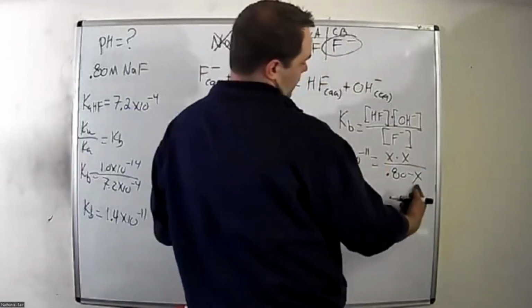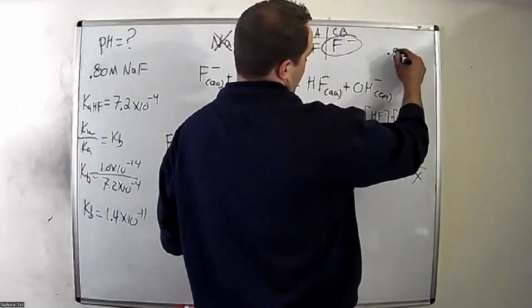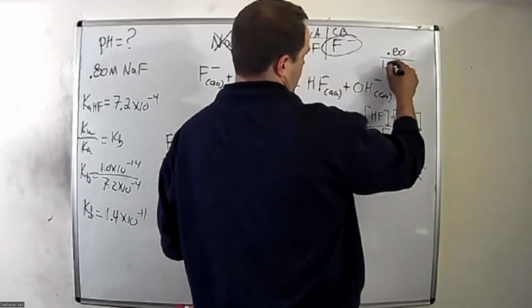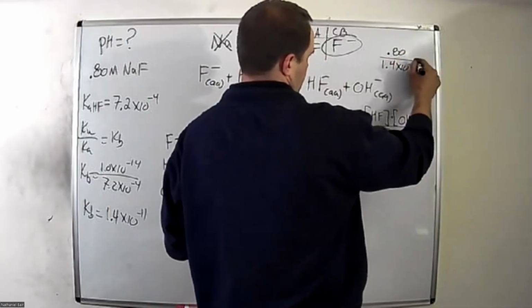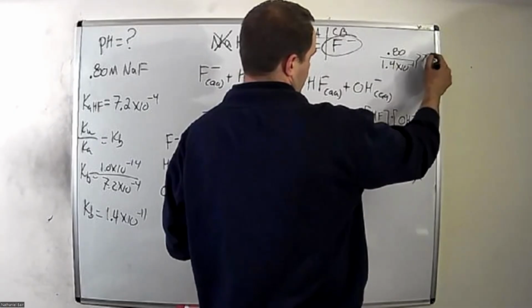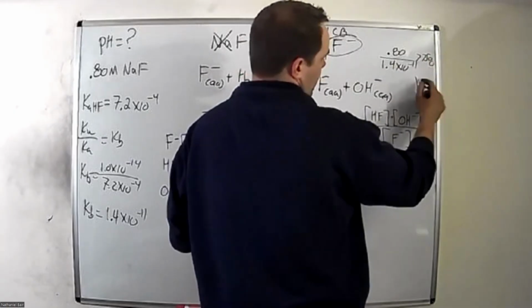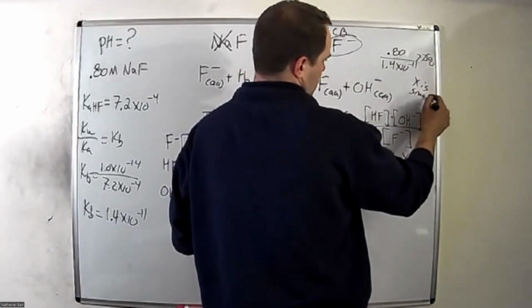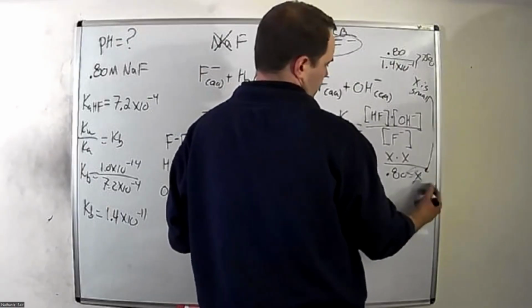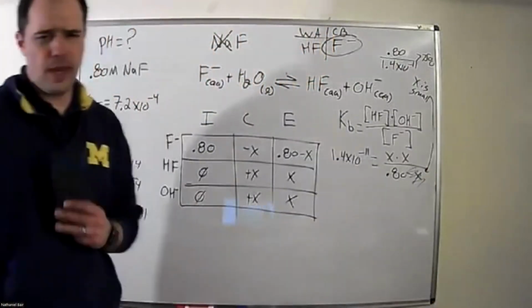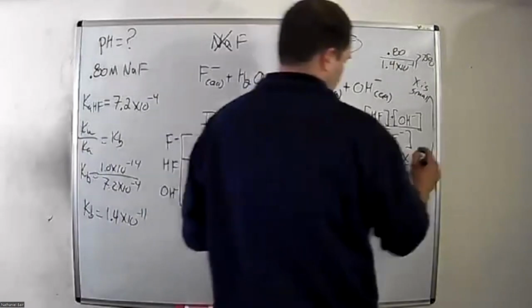And now we need to see if we get rid of that minus x. 0.80 divided by 1.4 times 10 to the negative 11. That is definitely greater than 500. x is small. That means we get rid of that. And now the math gets about 1,000 times easier.